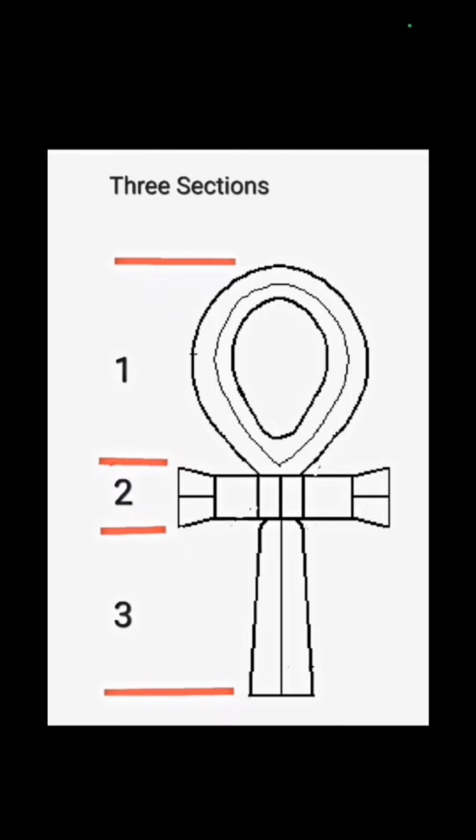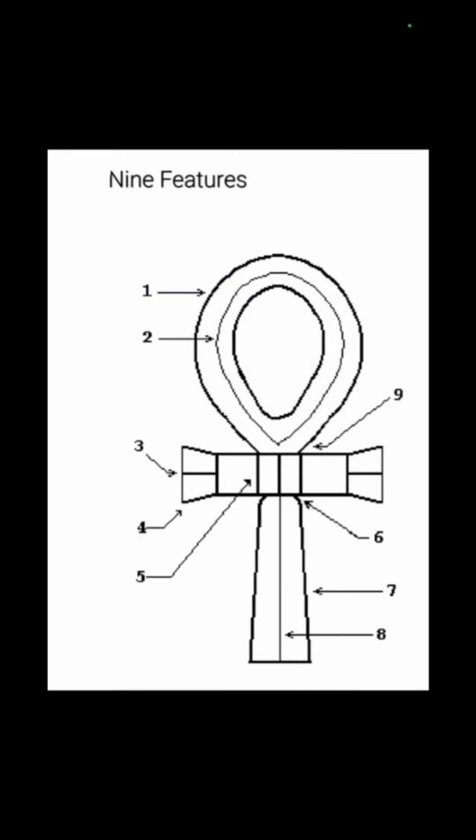So while the structure is often overlooked, it's significant to tell us something about the ma'at of the ankh form. Most basically, it tells us that the ankh form has three sections.